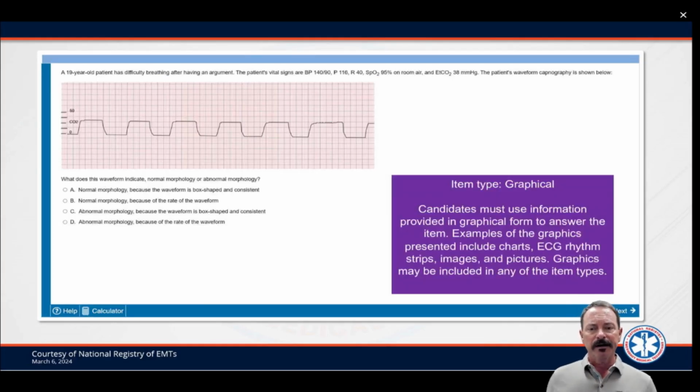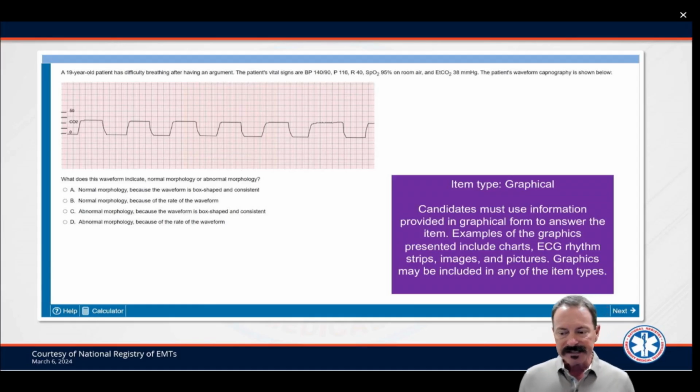All right, now we've got another question that is graphical. A 19-year-old patient has difficulty breathing after having an argument. The patient's vital signs: blood pressure 140/90, pulse rate 116, pulse ox 95% on room air, and end tidal CO2 38 millimeters mercury.